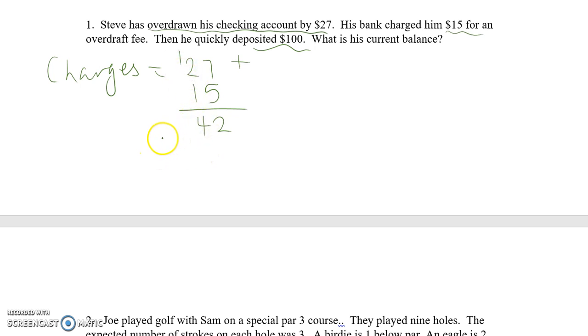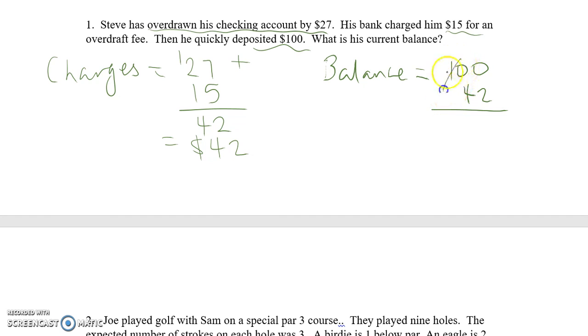So he got charged $42, including his overdraft. But he quickly deposited 100. So that means the balance is going to be equal to 100 take away 42. You can either do that in your head or otherwise. So the balance should be $58.